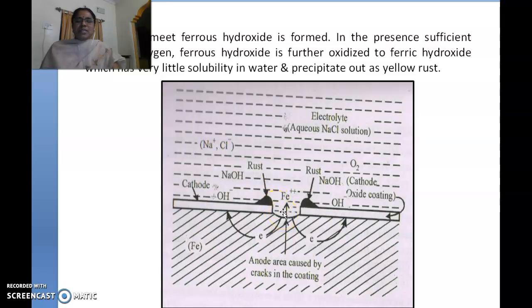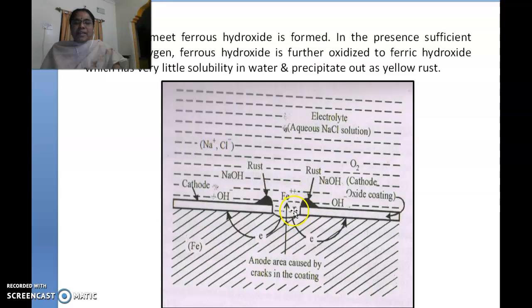So let us suppose there is some aqueous solution of NaCl or a drop of NaOH that has been placed over an iron bar, right? So from that part actually the rusting starts. It means the anodic area loses electrons and converts into Fe2+.